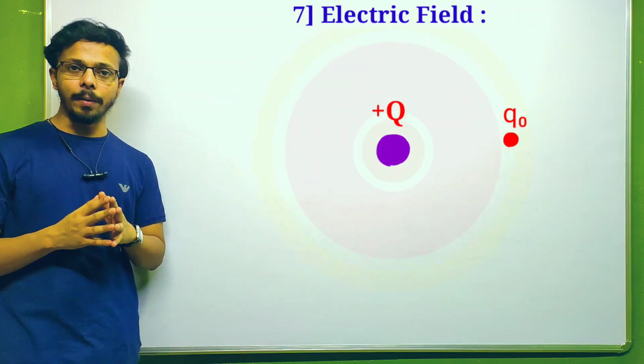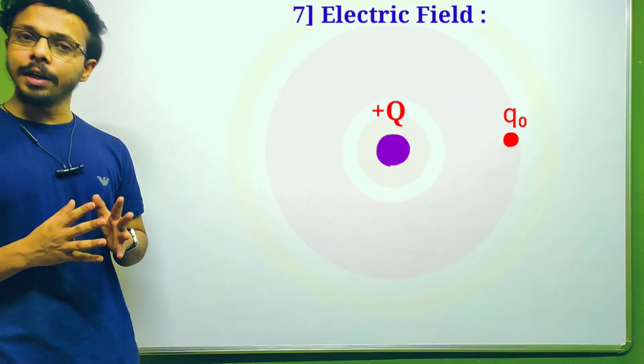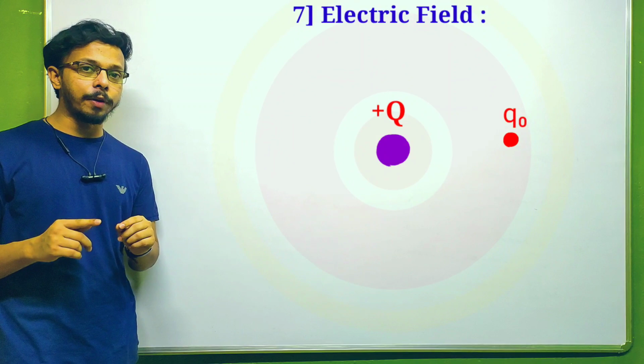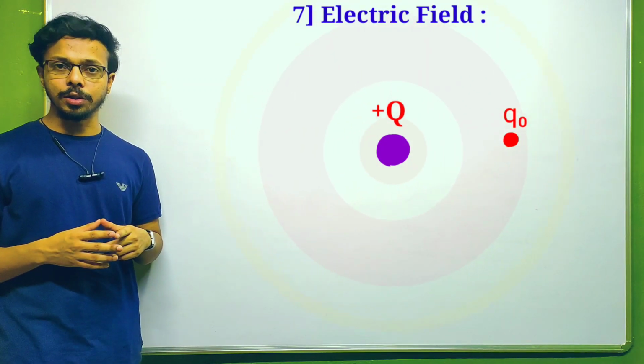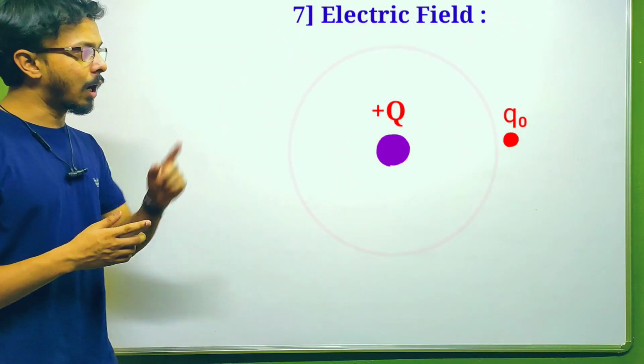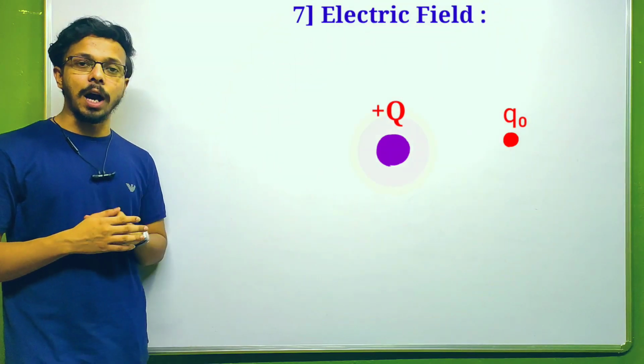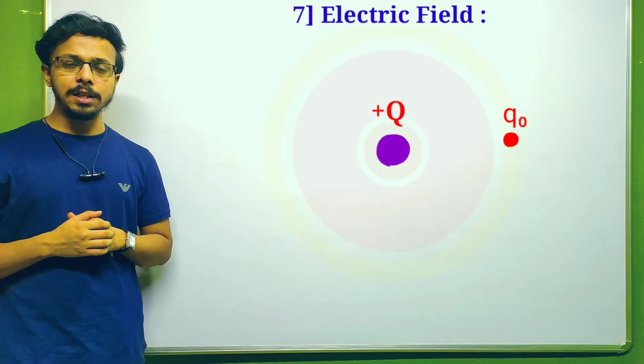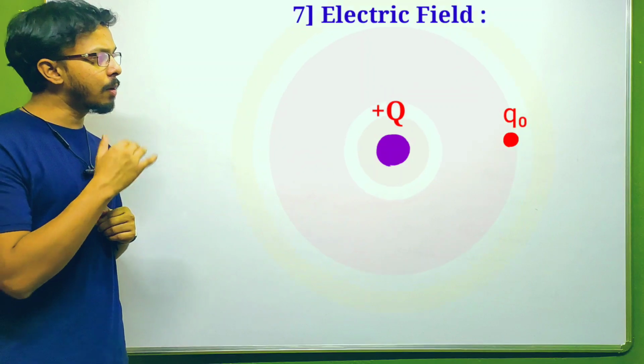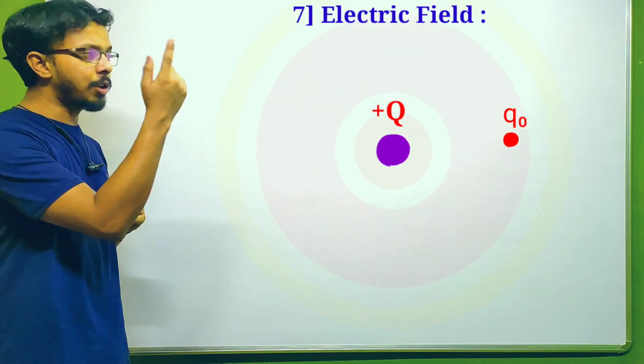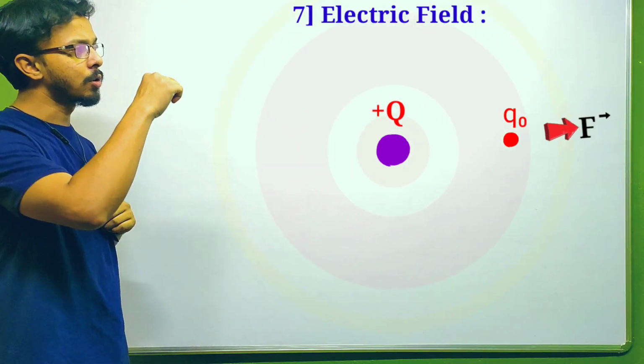And guys, we have an idea what charge is. Charge is an intrinsic property of the material because of which electrical forces are produced. When you bring another charge close to this charge, that charge experiences a force. Suppose both charges are positive, that charge experiences a repulsion force, so it moves away.